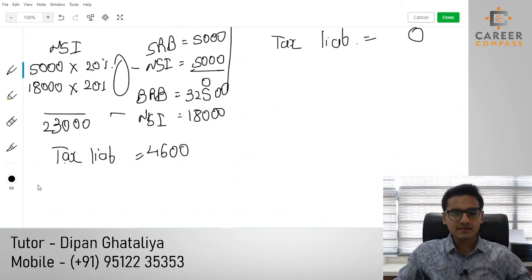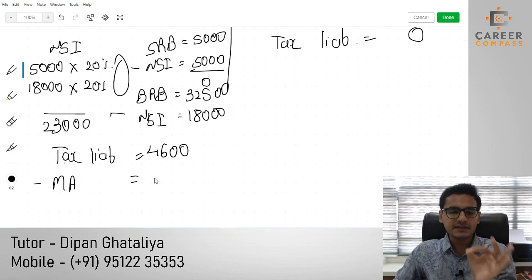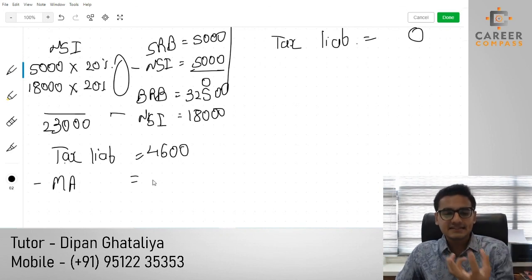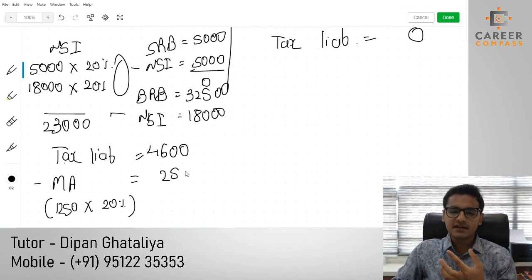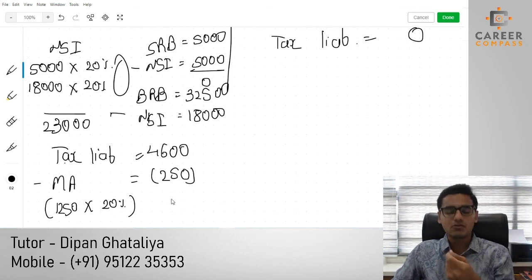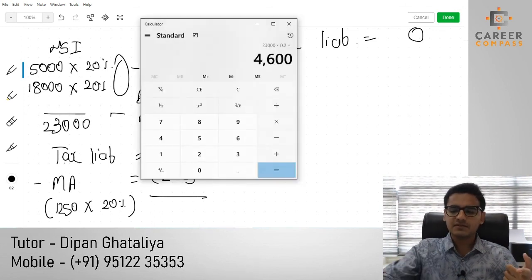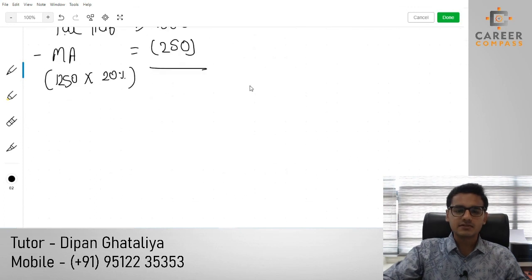Out of that, students, I am going to get the marriage allowance, but marriage allowance can only be deducted as a tax benefit amount, as a tax reducer. So the maximum limit is 1,250, multiplied by 20%, so I can deduct a maximum of £250. The remaining figure, students, will become my final tax payable to HMRC, and that is 4,350.